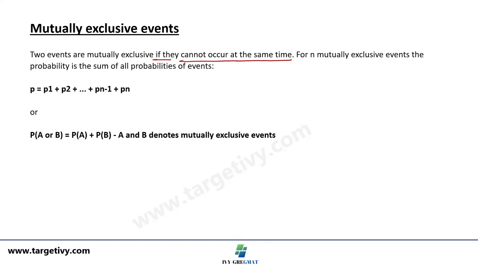So one event has to be completed, followed by the next event can occur. Clear? So if that is the case, then the total probability P is actually probability of event 1 plus probability of event 2 plus probability of event 3 up to Pn.